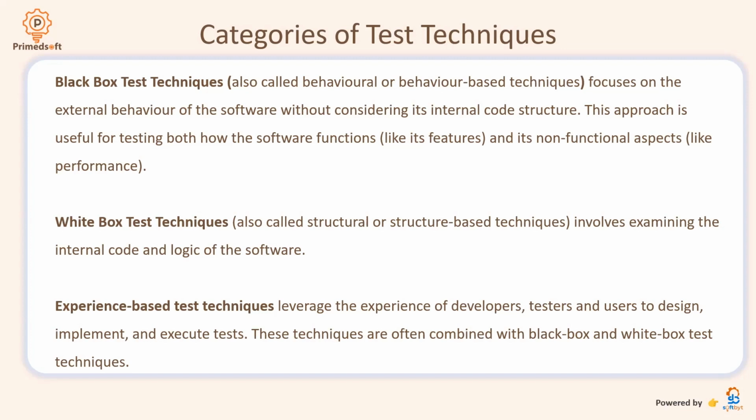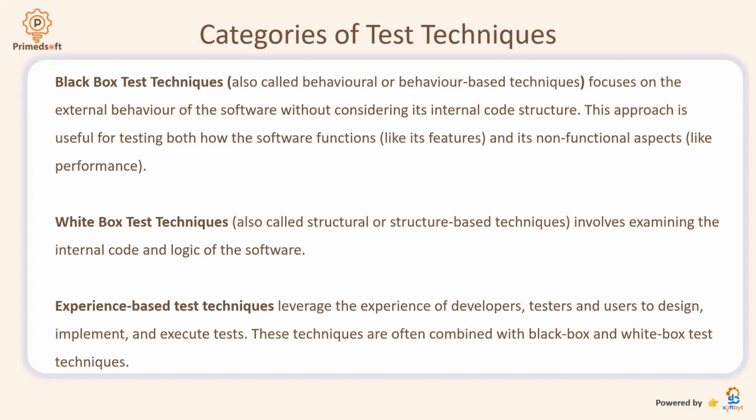So, black box testing has its characteristics, and what are the characteristics? The characteristics are: test conditions, test cases and test data are derived from a test basis that may include software requirements, specifications, use cases, and user stories, right?